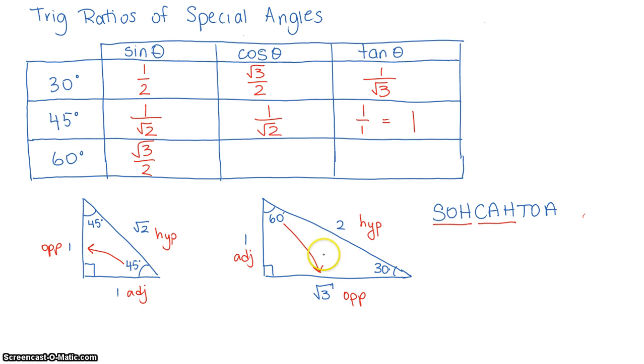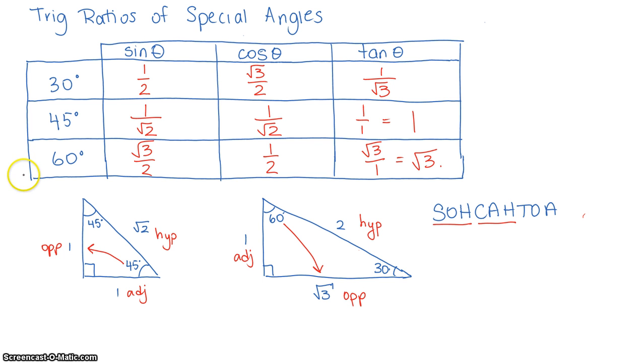For cosine, adjacent over hypotenuse, 1 over 2. And for tangent, we have opposite over adjacent, root 3 over 1, which is just root 3.